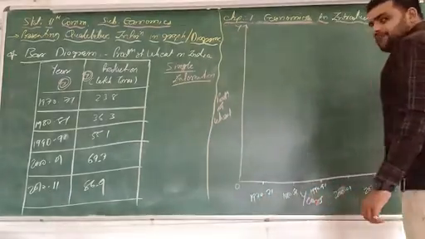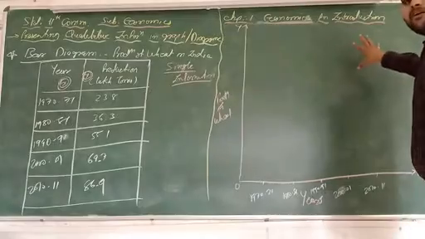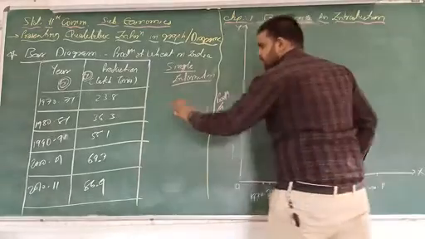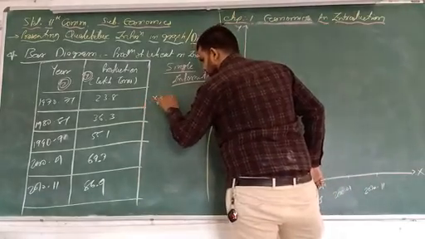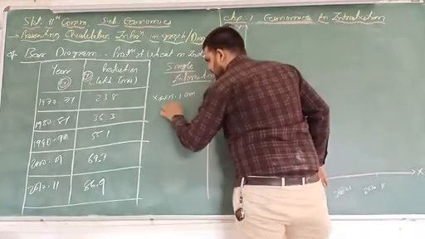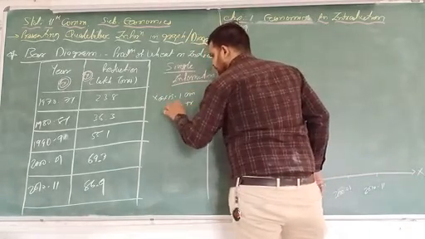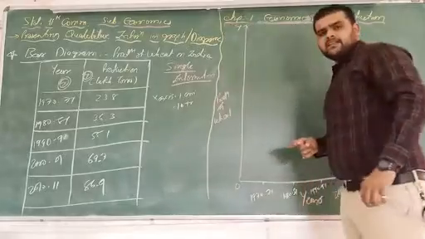Here in the graph we have to write these down, but due to lack of space, I will write here on the x-axis: 1 centimeter is equal to 10 years. So this is the appropriate scale.